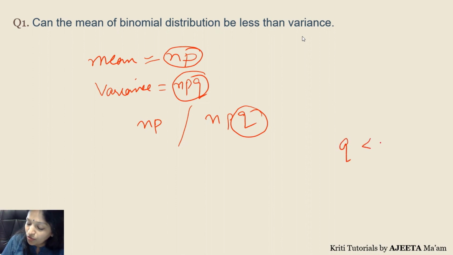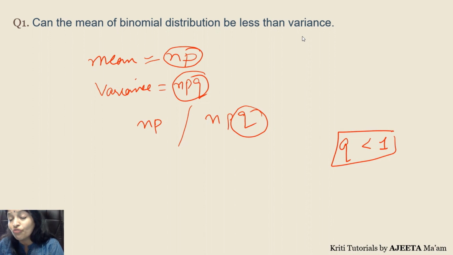Now, we know that q is always less than 1 because it is a probability. Probability of any event cannot be greater than 1. It can be 1 if it is a sure event, but it can never be greater than 1. So it has to be less than 1. If you multiply some number by less than 1, are you going to get a greater answer? No, you are going to get a lesser answer.